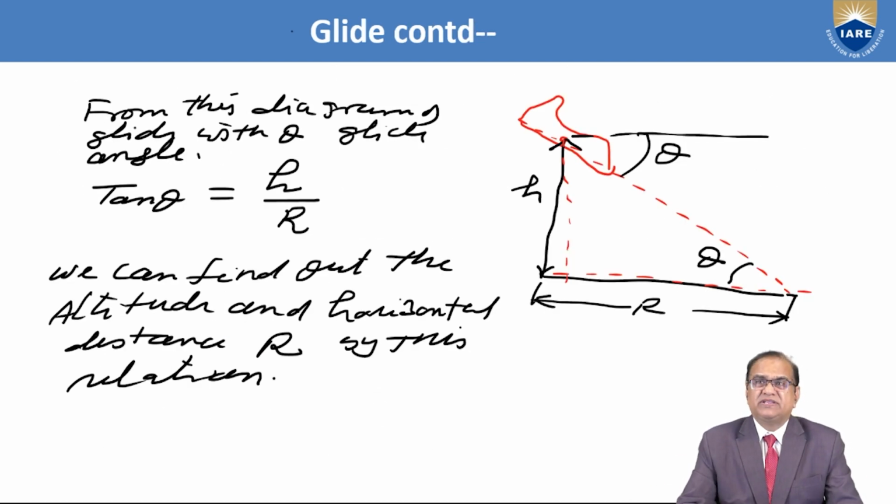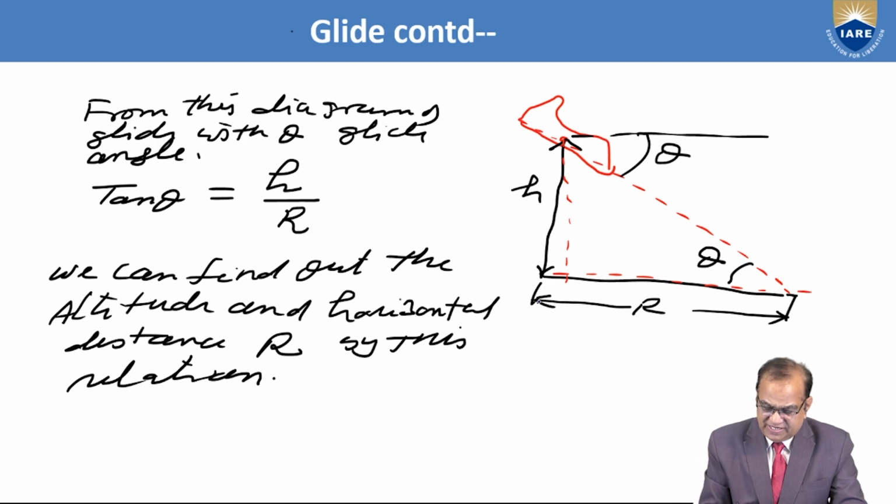From this diagram we can see that this is the range and this is the altitude. With glide angle theta, tan theta is equal to the vertical divided by the horizontal, h by r. We can find the altitude and horizontal distance r by this relation.